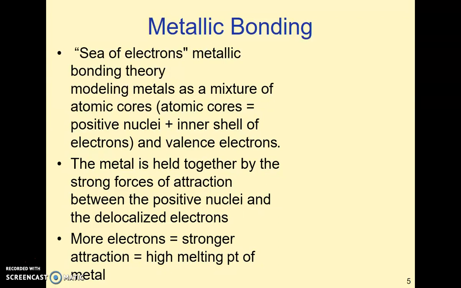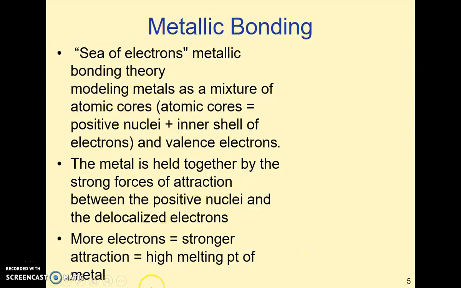The more electrons in that sea, the stronger the attractions between the metal atoms and the higher the melting point. So, for example, if you have potassium, which is K, and calcium, which is Ca. Potassium has a charge of +1, and it has 1 valence electron floating around in the sea. Calcium has a charge of +2, and has 2 electrons floating around in the sea.